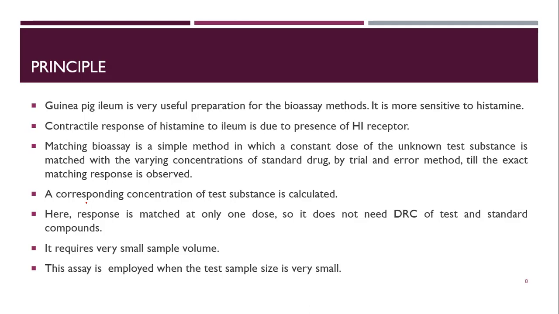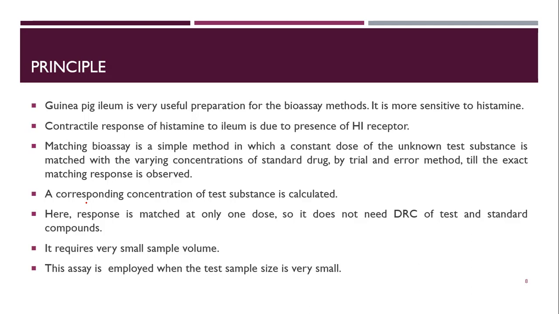Matching bioassay is a simple method in which a constant dose of an unknown test substance is matched with varying concentrations of the standard drug. And how do we do that? By trial and error method.